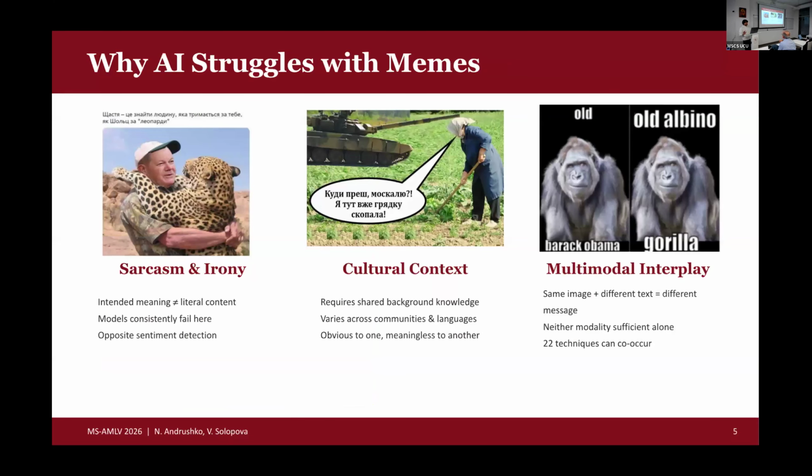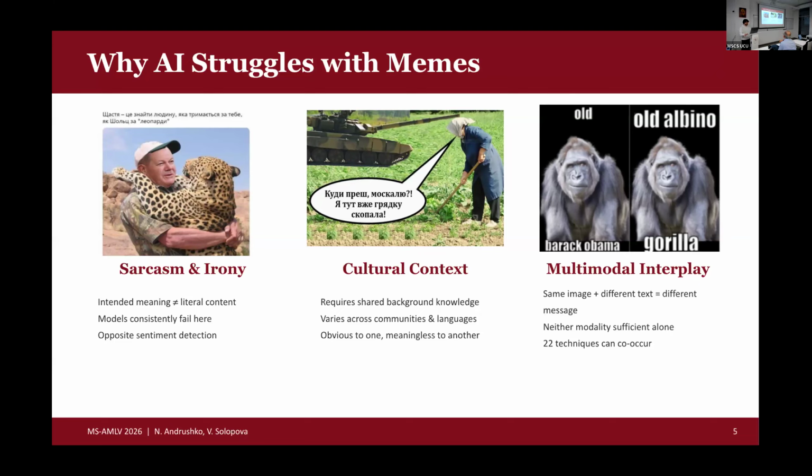Let's move on, and the question is why this is a struggle. We have had classification tasks on images for years now, so what basically differs this from ImageNet? I would point to three distinctions. The first one is sarcasm and irony.